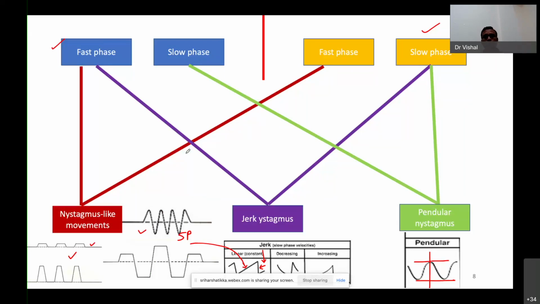These are the various types of nystagmus-like movements which can happen. In these movements, both are fast phases, actually saccades, with an intersaccadic interval in between. You can see it is a saccade, and there is an intersaccadic interval in between.